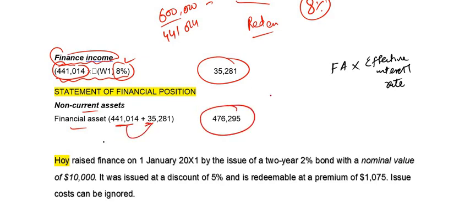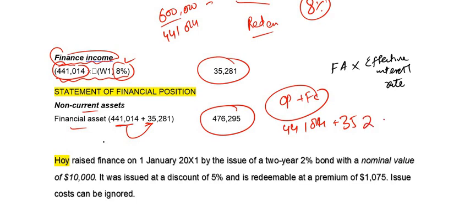At the time of a financial liability, we had opening liability plus finance cost increasing your liability, and here your financial asset is increased by the opening amount plus that interest, the finance income.